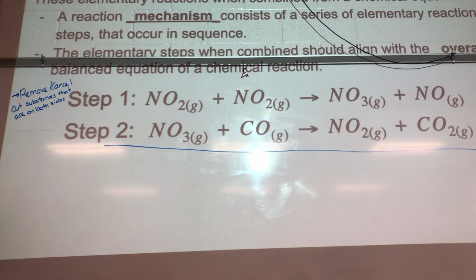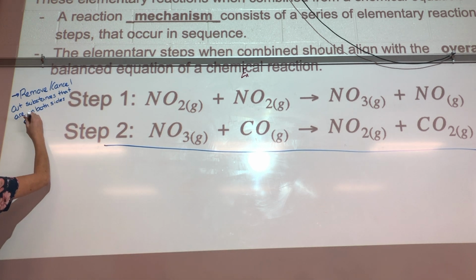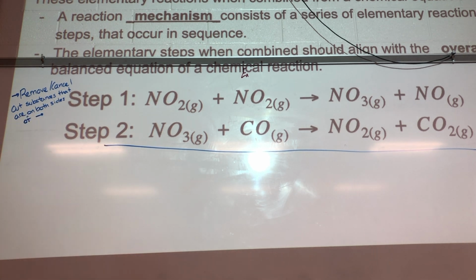But it's kind of like how we cross out spectators. So if something appears on both sides, we're going to cancel it out. So starting there, and then I'll tell you the other thing we also want to look for. Does anyone see something that should cancel out here? It just has to be on opposite sides of the arrow. Would it be NO?